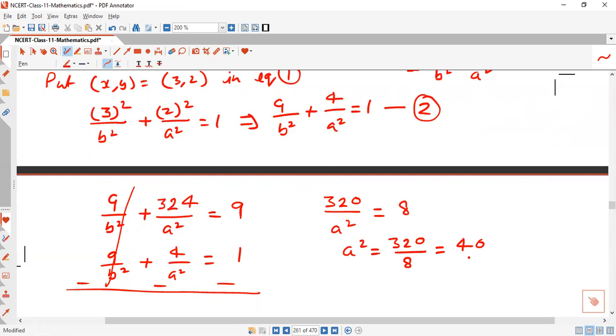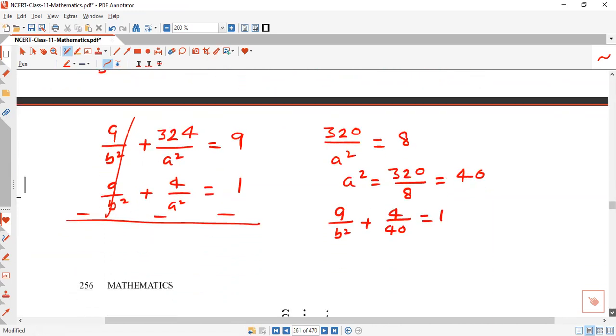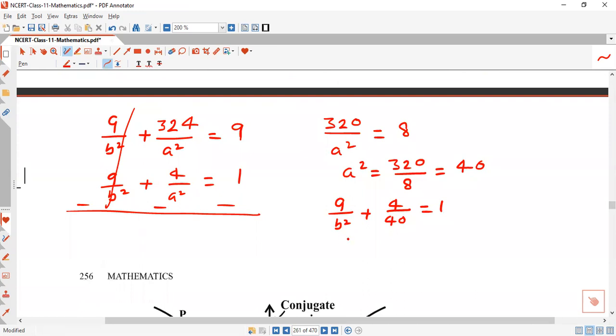We are now interested to find the value of b square. Put this value in equation number 2. So what we are getting: 9 upon b square plus 4 upon 40 equal to 1. Now we find this value: 9 upon b square plus 1 upon 10 equal to 1.